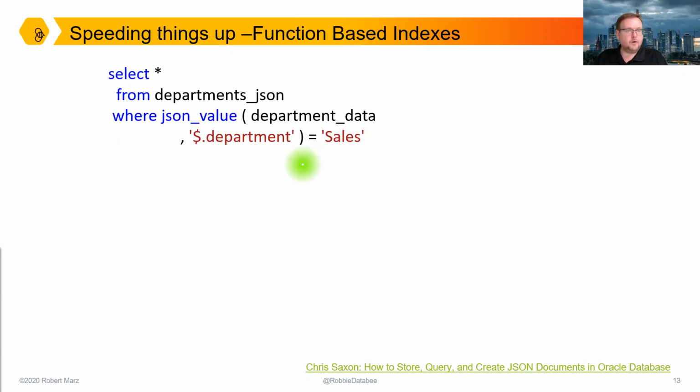By the way, whenever you see me give an example referencing the table departments_JSON, I took that from Chris Saxon's excellent blog post, how to store, query, and create JSON documents in the Oracle database. You can click on the link below, and it will lead you to those blog posts, where you can read all the details about these examples. But for now, we want to execute this query.